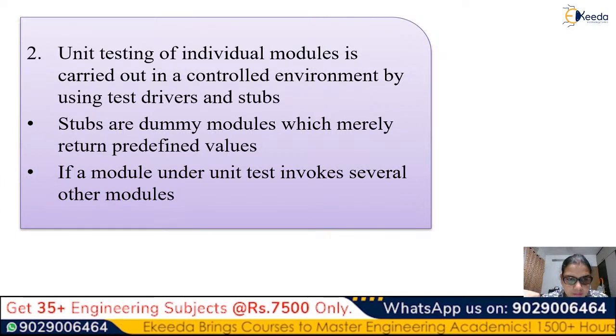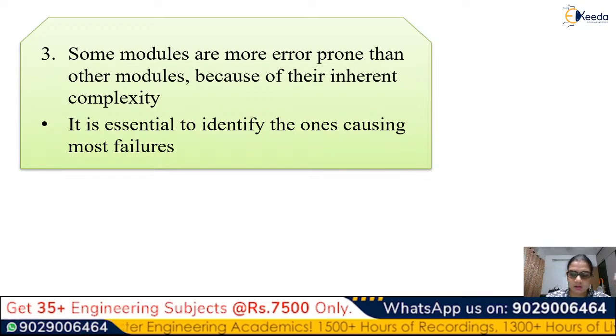And if the module under unit test invokes several other modules, then those modules are more prone to errors than the others because of the inherent complexity. Again, always remember that your complexity should be at a minimal level.